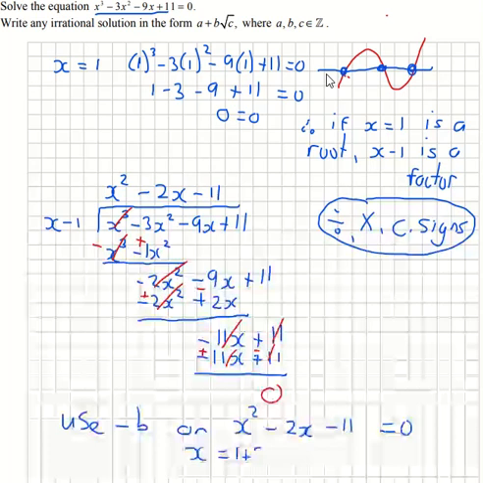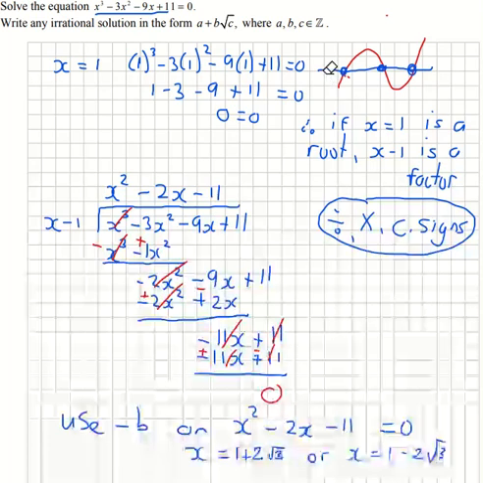It tells you to leave your answer in irrational, or write it in the form a plus b root c. So 1 plus 2 root 3, or x equals 1 minus 2 root 3. So those are your three solutions using the factor theorem.